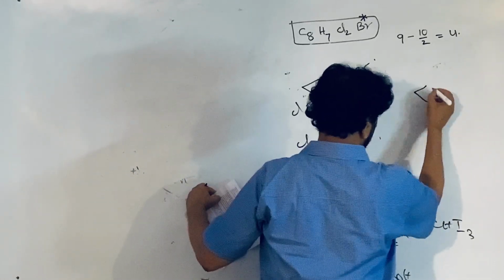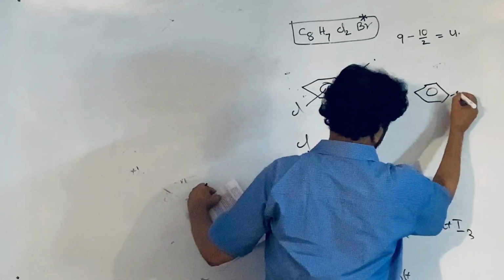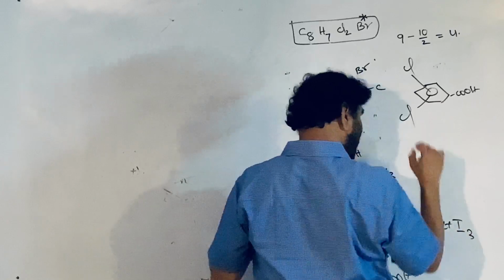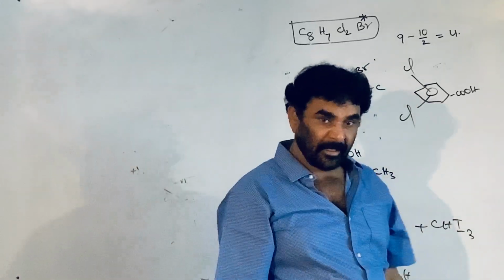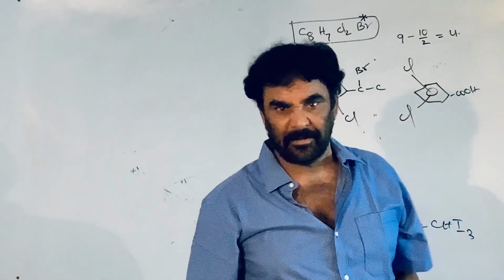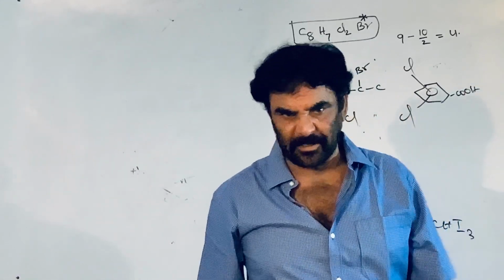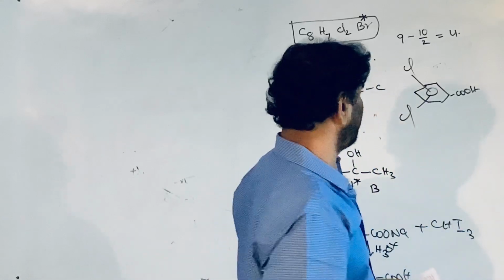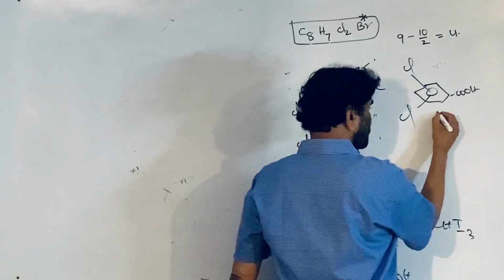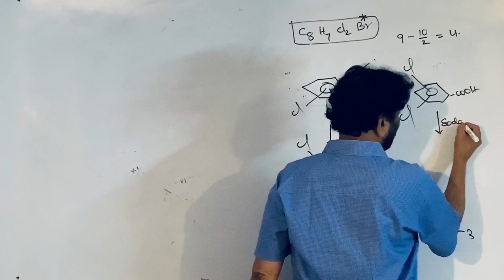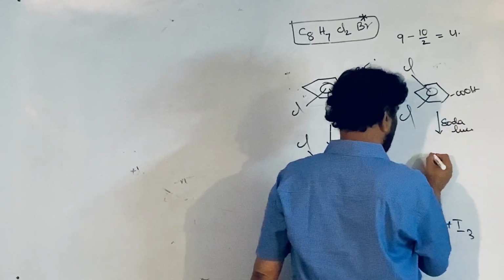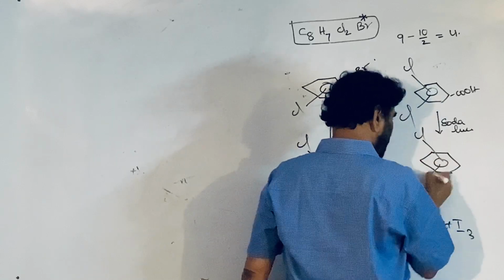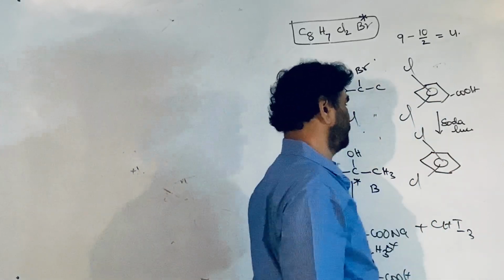Your compound is this benzoic acid with 2 chlorine atoms on the ring. Why are the chlorine atoms on the ring? Because it is not giving the silver test. Non-ionizable chlorines: the halogen attached to the benzene ring is non-ionizable. This on treatment with soda lime undergoes decarboxylation, I told you, so dichlorobenzene is formed.